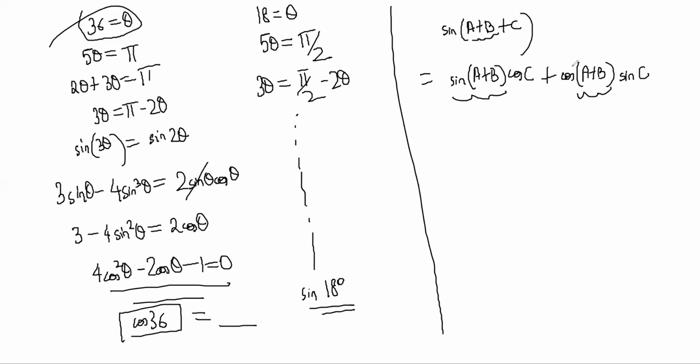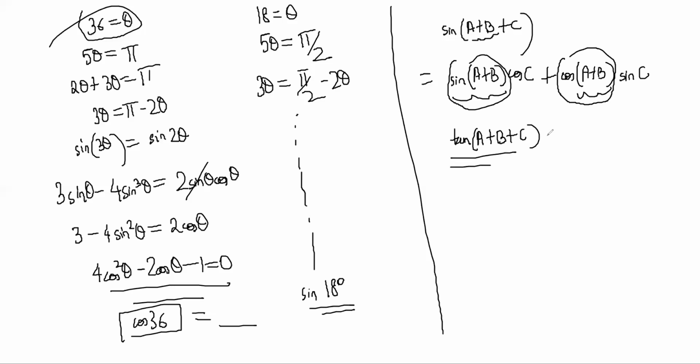Everyone is familiar with this, no? Now what to do here? Just expand it, right? So similarly, tan A plus B plus C can also be done like that. But for tan, we'll see a special trick. For tan, it is easy to say the answer directly. I don't want to do the derivation. I just need to know the answer.